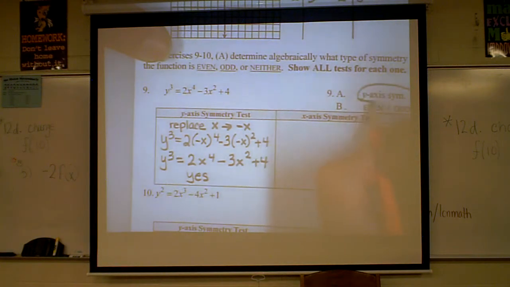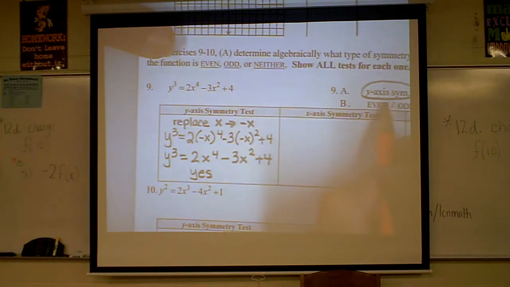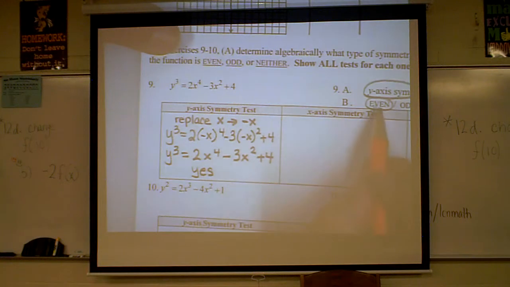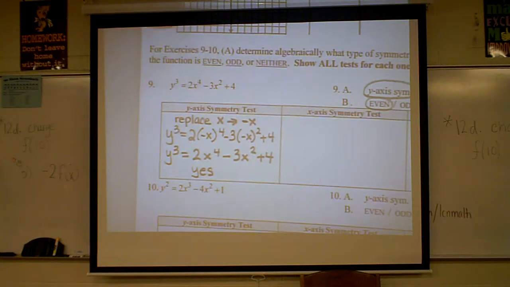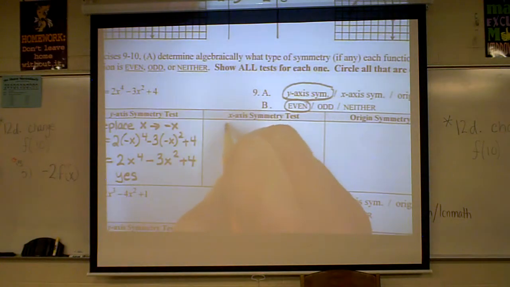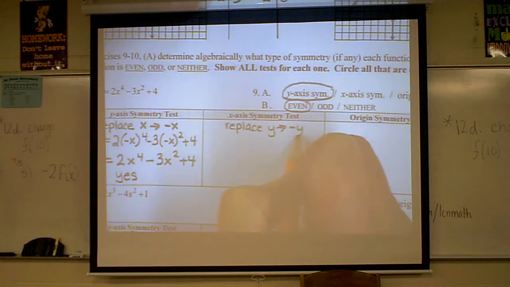So we circle this, and we also circle even, because if a graph has symmetry to the y-axis, it's an even function. Let's test for symmetry to the x-axis. You're now going to replace y with -y.